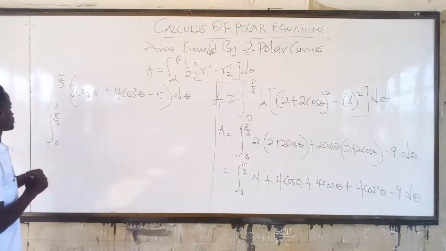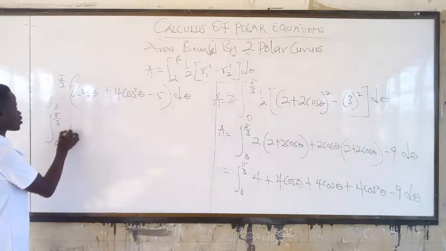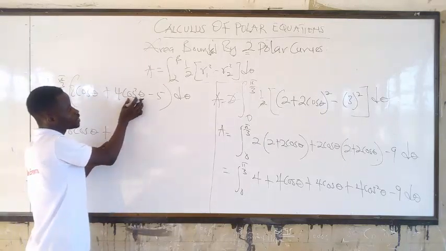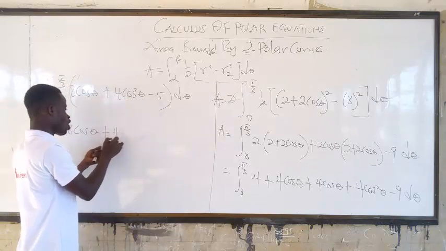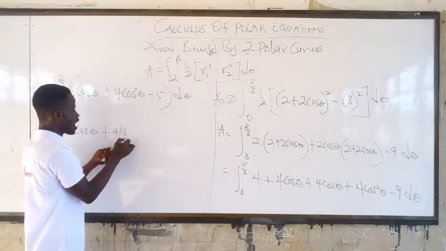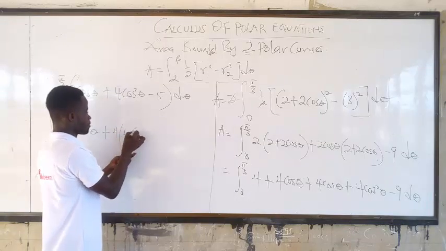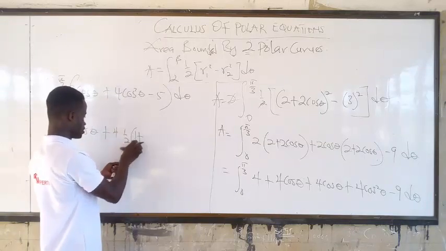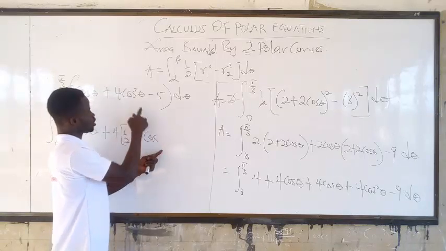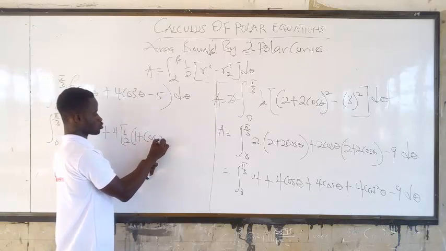Alright, so now to integrate there is no problem. 8 cos theta plus, so here you change this, right? The 4 will come, but you change this. This one is what? Half of 1 plus cos 2 theta.